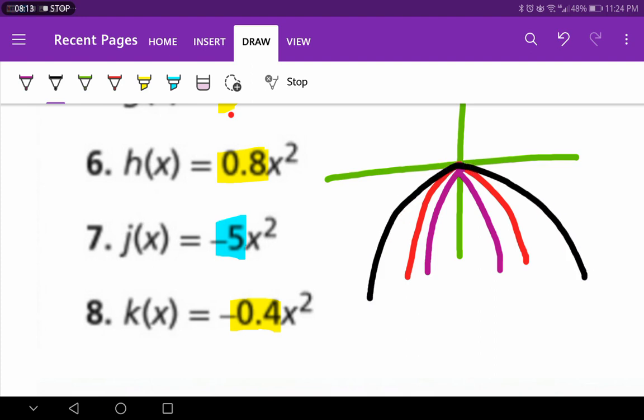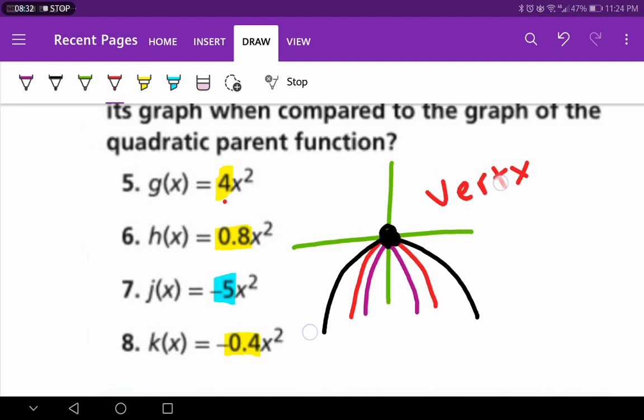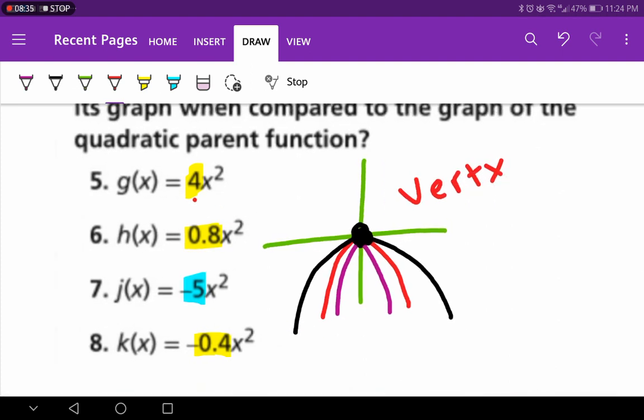You see this point here on the graph? It is a maximum point, and we call it the vertex.